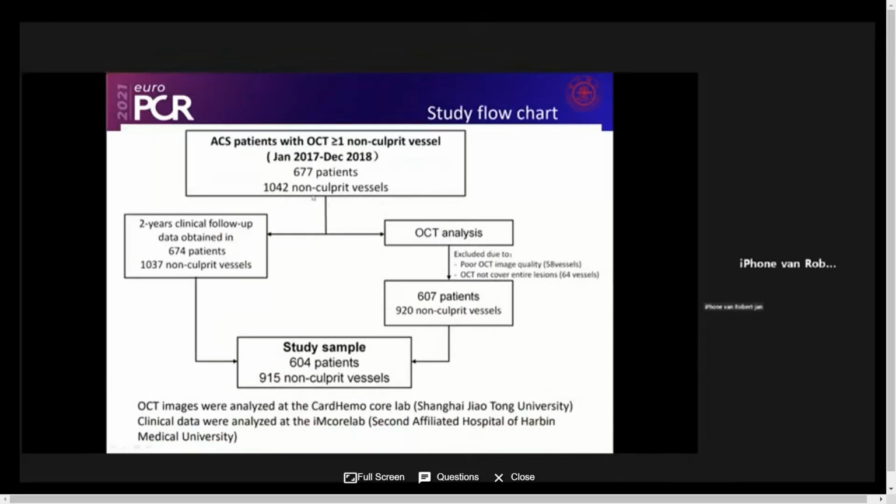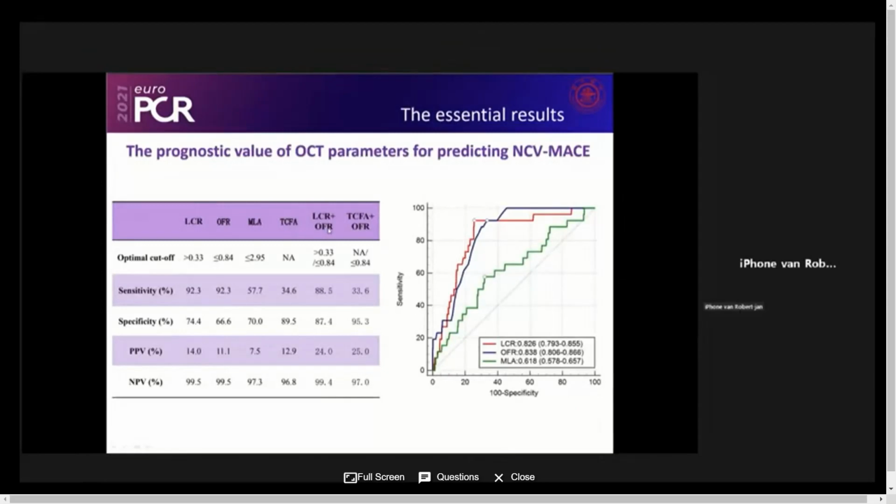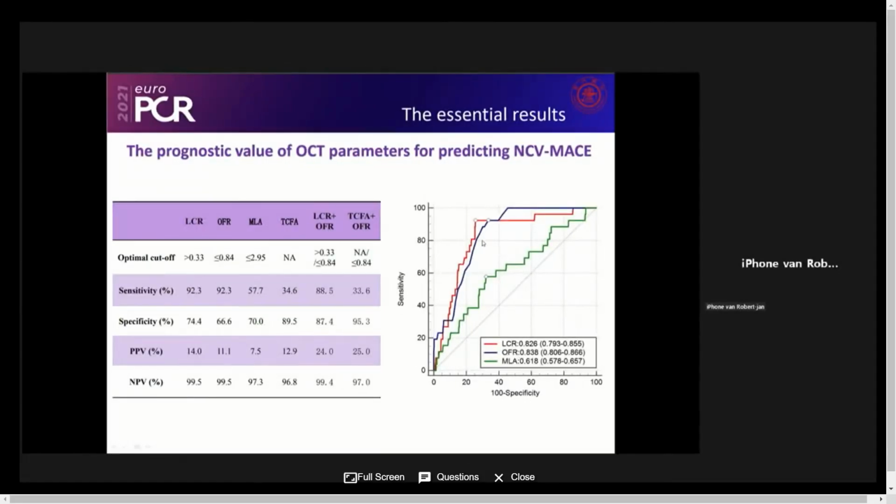They studied close to 700 patients, 1,000 lesions. Again, we look at the cut-off values for MLA, and you come up with the same sensitivity and specificity. Now, if you look at their measurements of LCR and OFR, you can see how much better that is at predicting than the MLA.